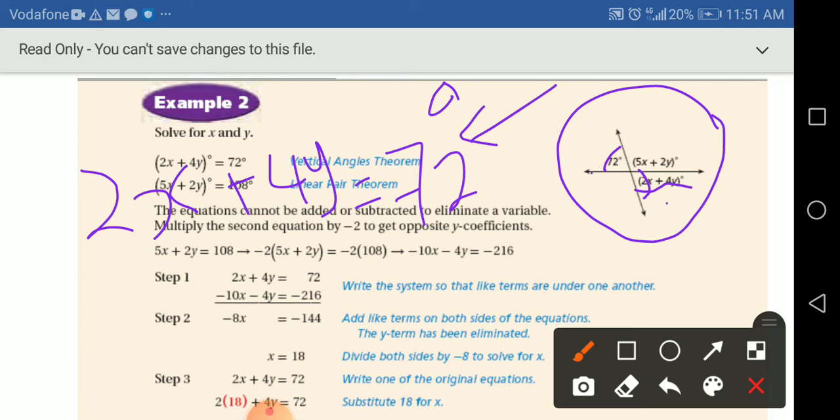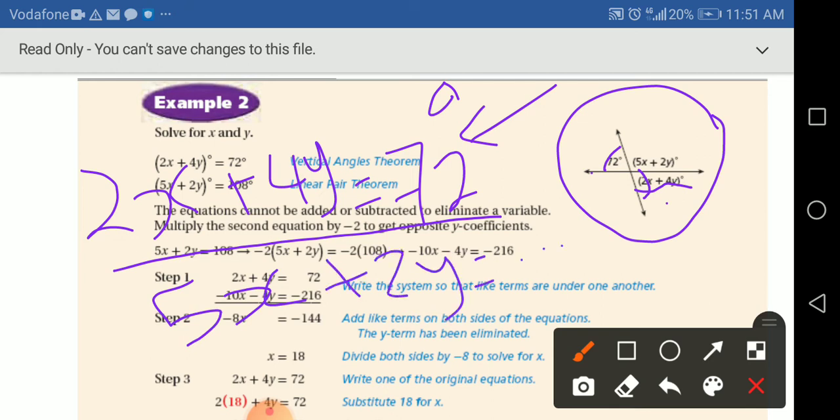And this is the first expression I got. And I have another expression, which is 5x plus 2y equals to what? I have here, this is 72.